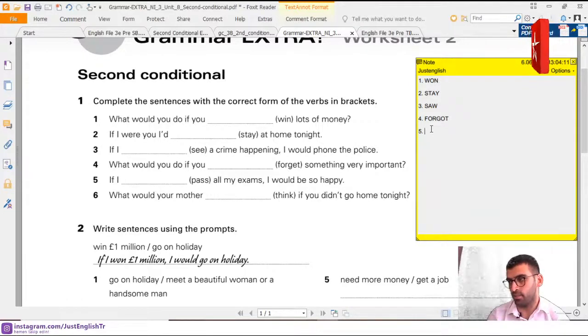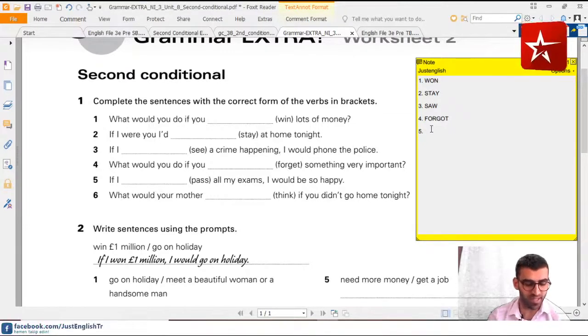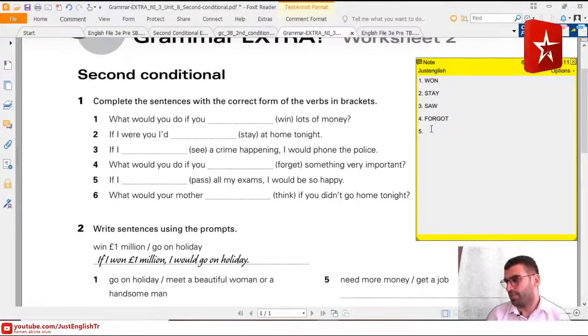And guys, number 5, what should we write here? If I all my exams, I would be so happy. Like my students. Gusafa says past. And Kosola says the same answer.